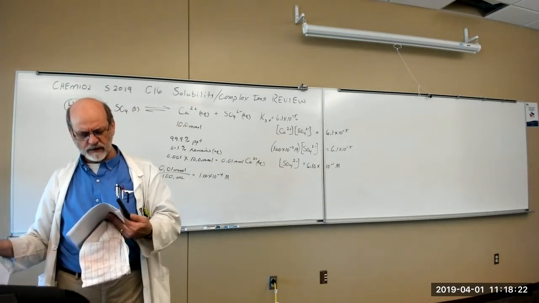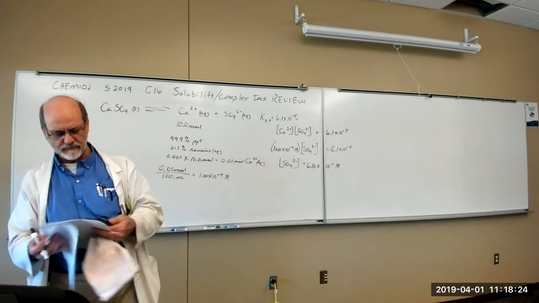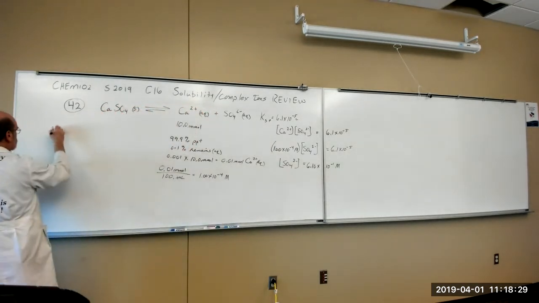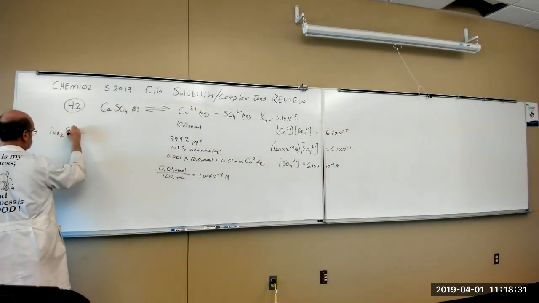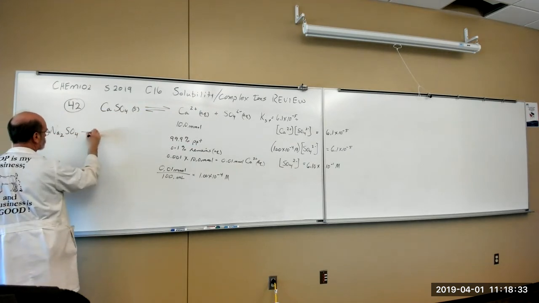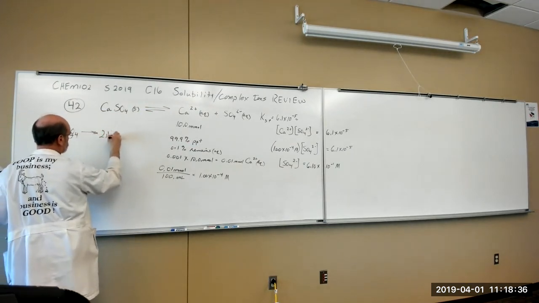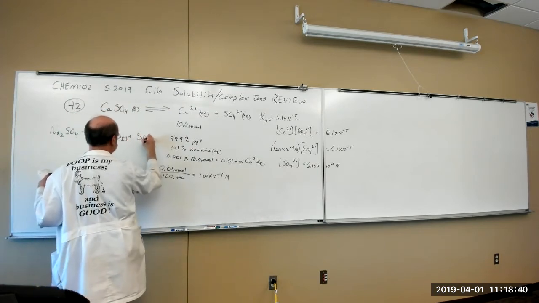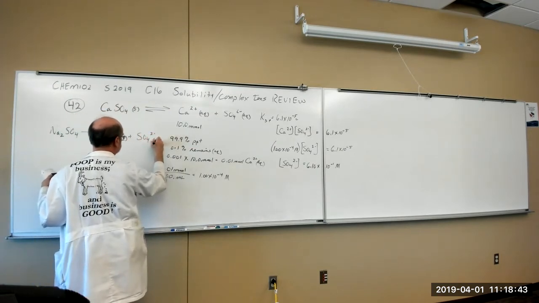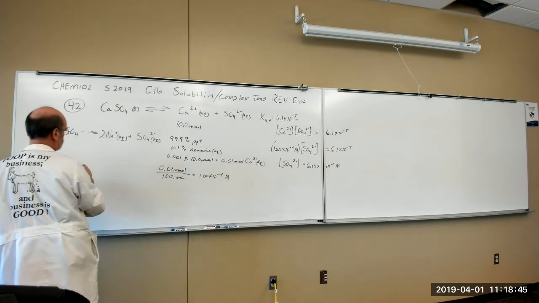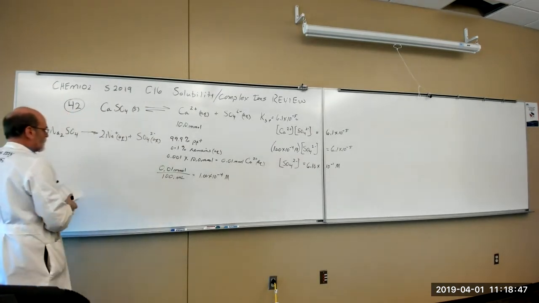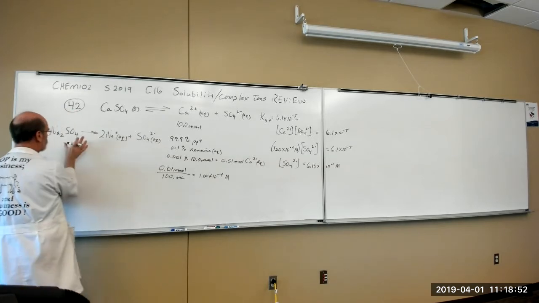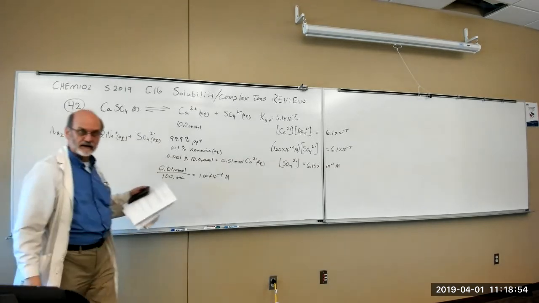How many millimoles of solid sodium sulfate must be added? All right. So sodium sulfate is soluble, right? And it's going to yield that, which is a spectator, plus this. So these are 1-to-1. So if we know how much this is, we know how much that is. Exactly, 1-to-1.